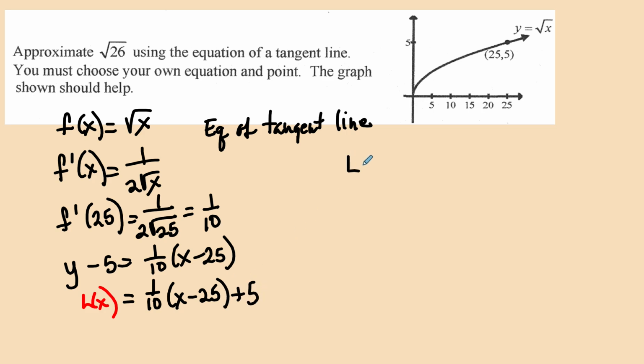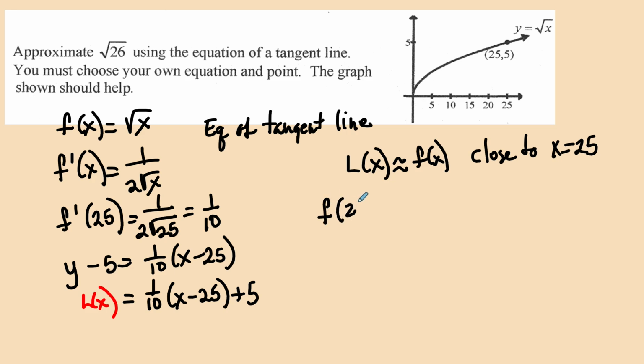So I know my linearization is approximately my function close to x equal to 25. So I'm going to approximate f of 26 by the linearization at 26. And when I put 26 in here, I will have 1/10 times 26 minus 25 plus 5.